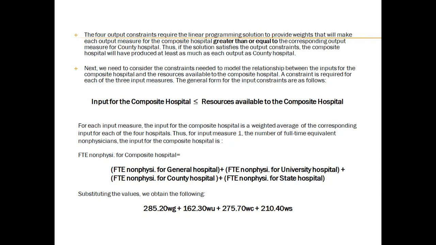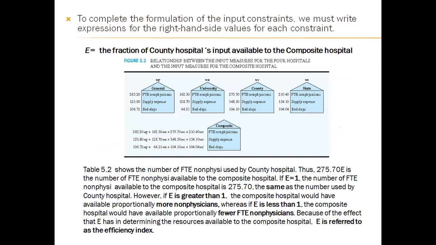And the last one is adding the FTE non-physicians for state hospital. So we will be substituting the values. We obtain the following: 285.20 WG plus 162.30 WU plus 275.70 WC plus 210.40 WS. So here are the inputs.